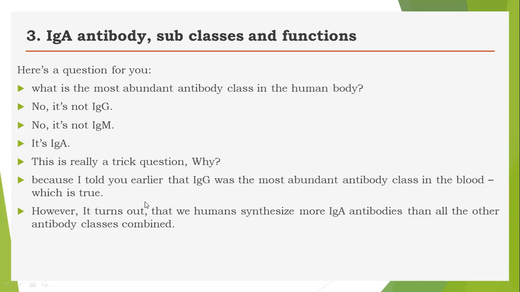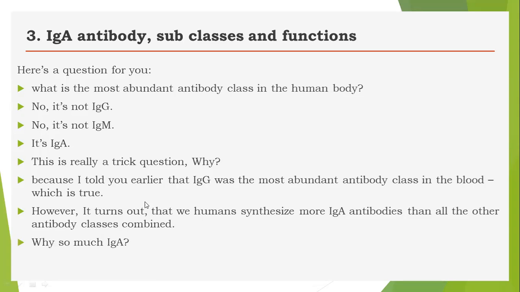So the last bullet there is that the human body synthesizes more IgA antibodies than any other immunoglobulin class combined. So if you combine all the subclasses of the immunoglobulins in terms of total in the body, IgA still has the most abundant concentration in the body.